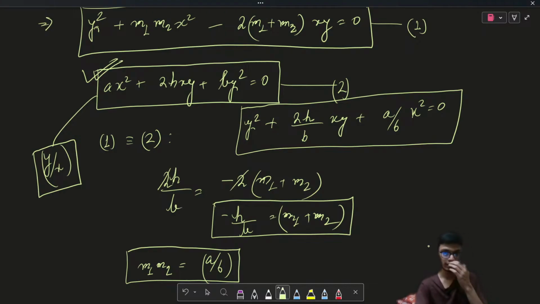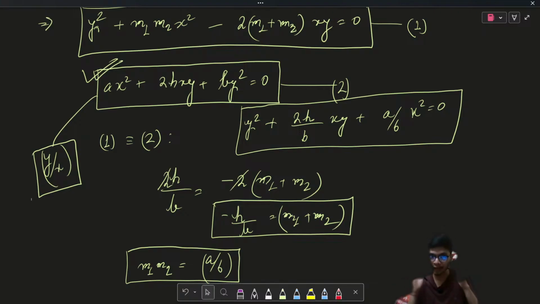Now another important thing is, why do we actually need to study the pair of straight line, right? Generally they won't directly give you the form; in the sense of conic sections, if I give you just a second order polynomial expression, you won't be directly able to tell me what kind of equation it is. So we first have to identify whether it is a pair of straight line or not.